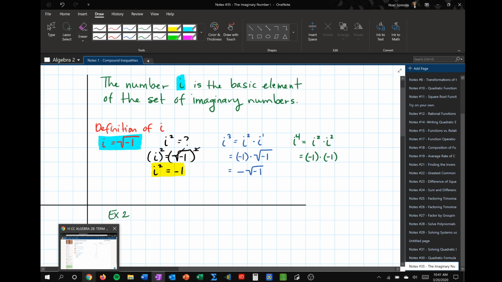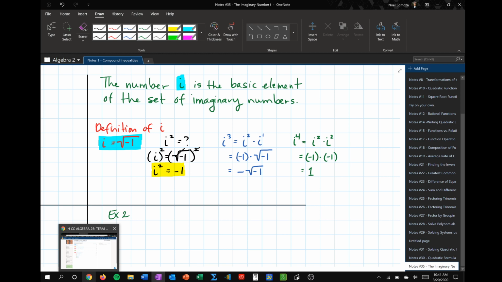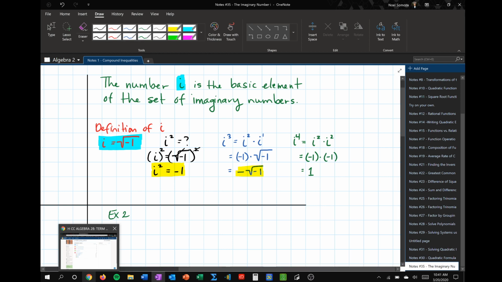When you multiply them together, that's just 1. Okay, so there's value in knowing the pattern of repetition. So essentially, i is stuck between only those four values. Either you are i to the first, i squared, i to the third, or i to the fourth.